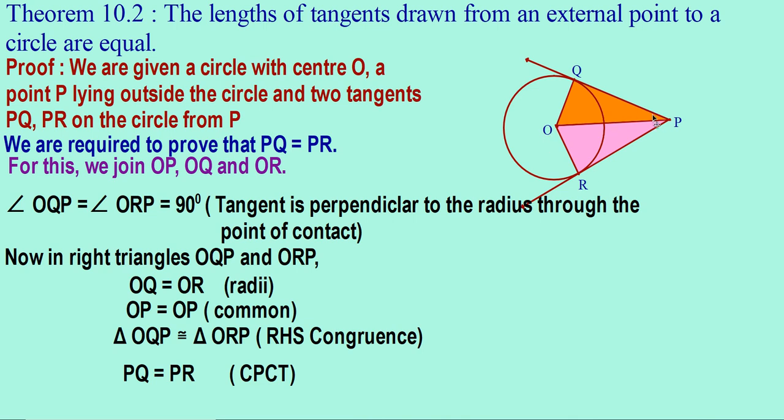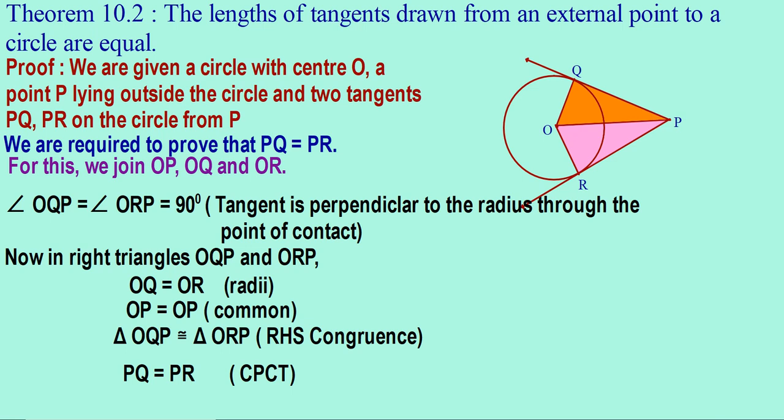Now, these two angles OQP and ORP are right angles because tangent is perpendicular to the radius. Now, in these two right triangles OQP and ORP, OQ is equal to OR, radii, OP is equal to OP, common. Therefore, triangle OQP and triangle ORP are congruent by RHS. Therefore, PQ is equal to PR by corresponding parts of congruent triangles.